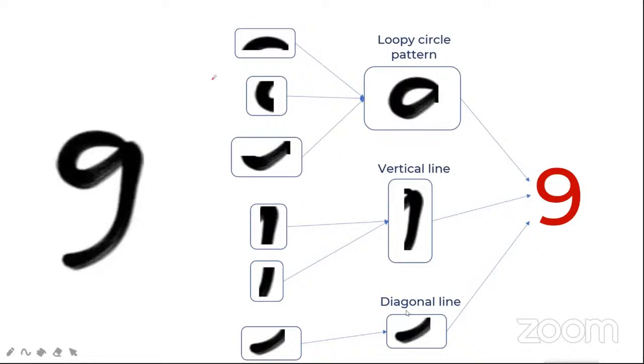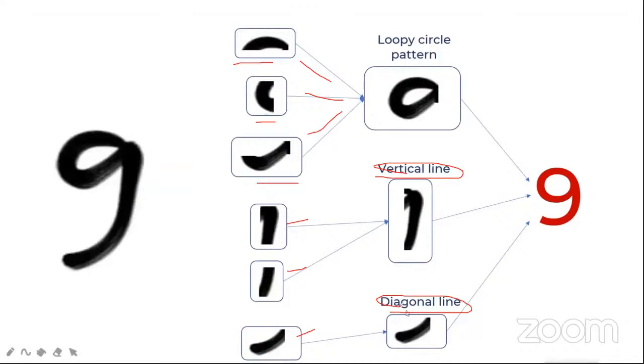So first it will take some pixel values here, and from the combination of these pixel values I'm getting a circular pattern. Then from the combination of these two I'm getting a vertical line. Then from the combination of this I'm getting a diagonal line.